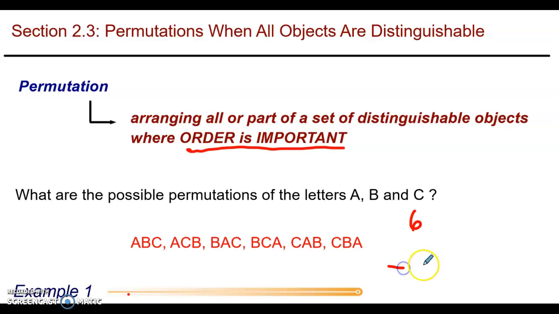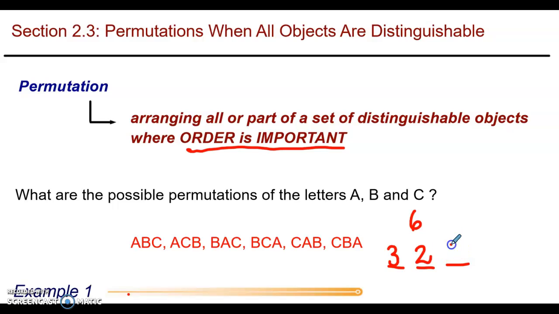Furthermore, we can consider that as I have 3 letters to arrange using our fundamental counting principle. There are 3 letters that we can choose to place in the first position: A, B, or C. Once that letter has been placed, there are now 2 remaining letters we can choose from to place in the second position.